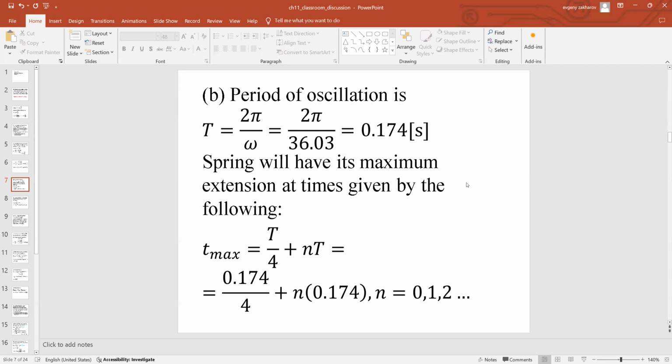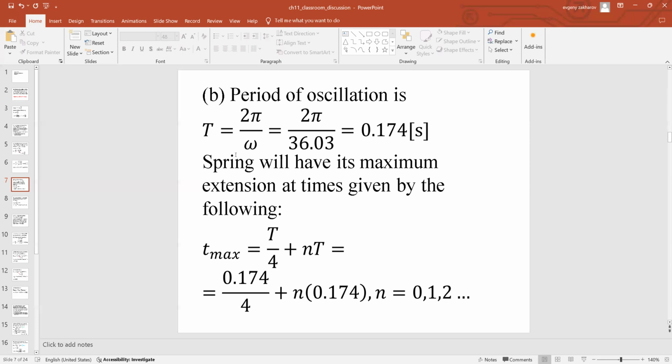So once again, start from equilibrium. 1 quarter, we go down and hit the maximum. 2 quarters, we go back to equilibrium. 3 quarters, we go, say, up and hit the other extrema, and 4 quarters, we go back to equilibrium. So 1, 2, 3, 4.